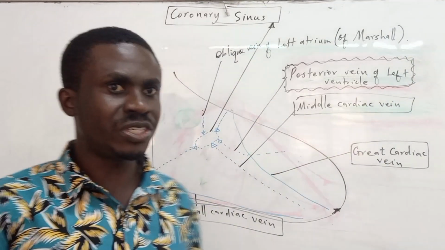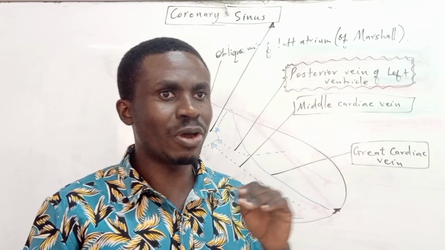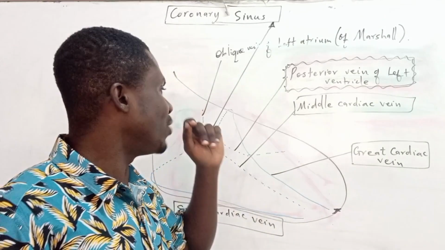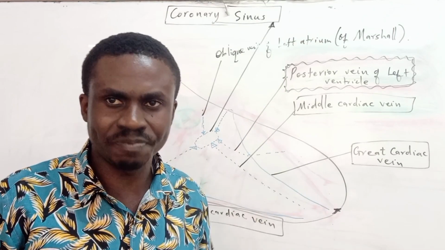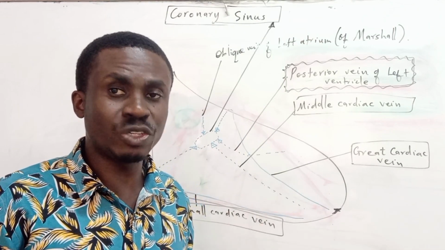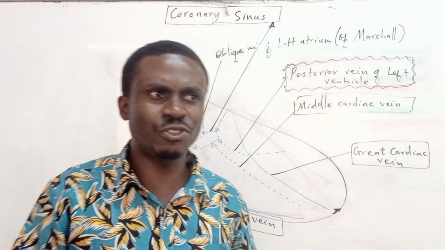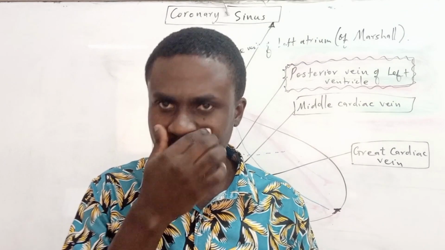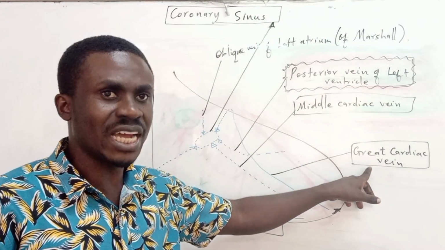So I want you to appreciate that we have the oblique vein. That one also goes in there. It's a tributary, and remember always we're talking about tributaries. It's also a vein which will be draining into the coronary sinus. So if I ask you what are the major tributaries of the coronary sinus, don't forget the first one to talk about is the great cardiac vein.